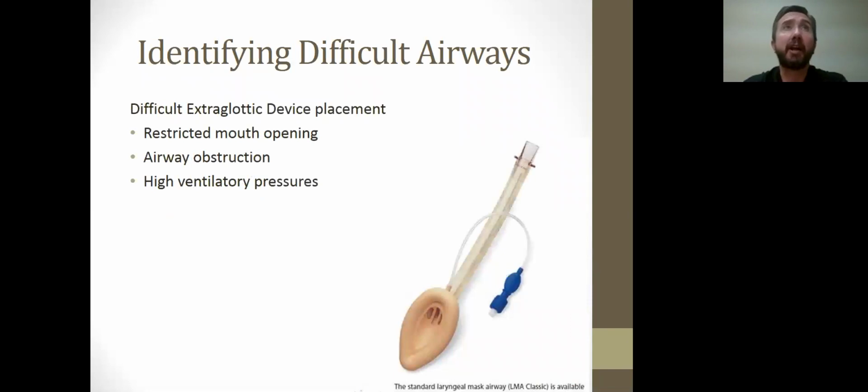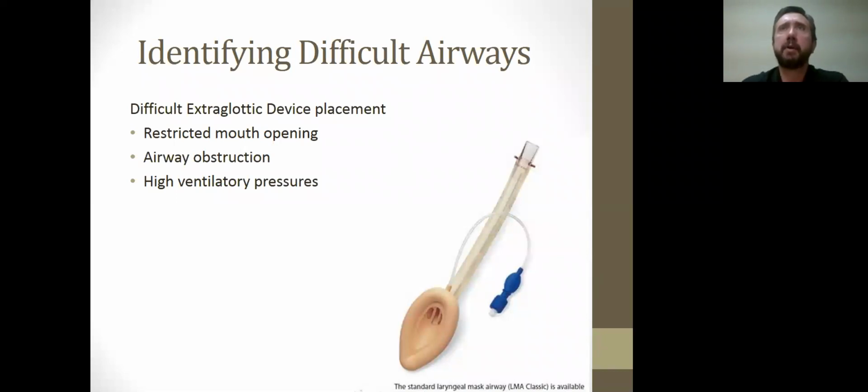Identifying extraglottic device placement. Extraglottic devices or supraglottic airways are used when BVM ventilation or intubation has failed. As critical care clinicians, the supraglottic airway should be our backup device, but there are times where that's the only option you may have, and there are times where the surgical cricothyrotomy may be the only option you have as well.